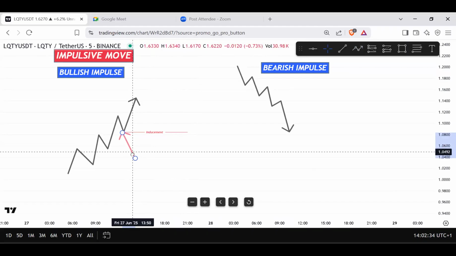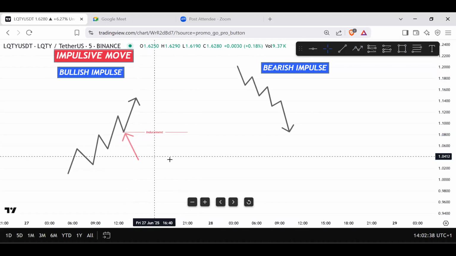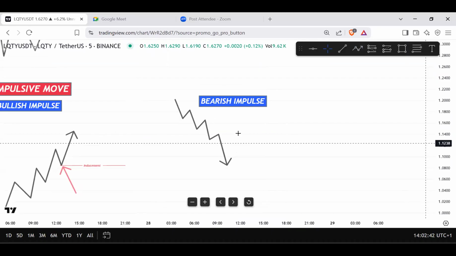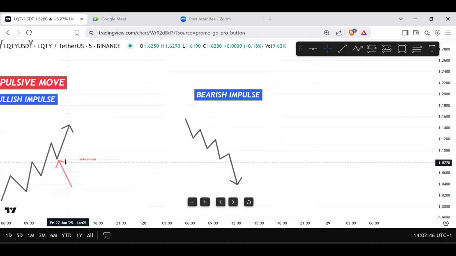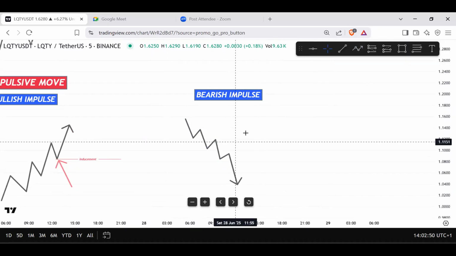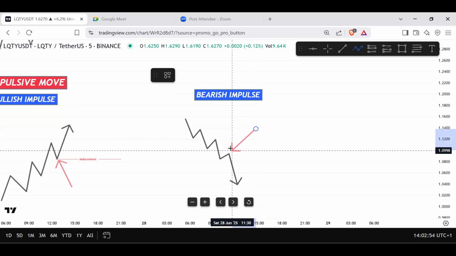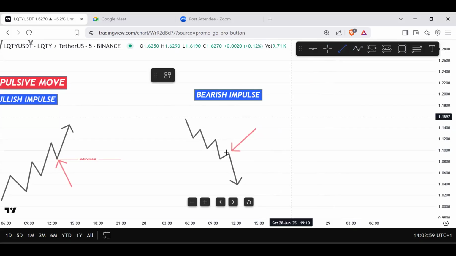The last valid pullback is the inducement. Similarly for the bearish scenario, this point right here is your inducement.